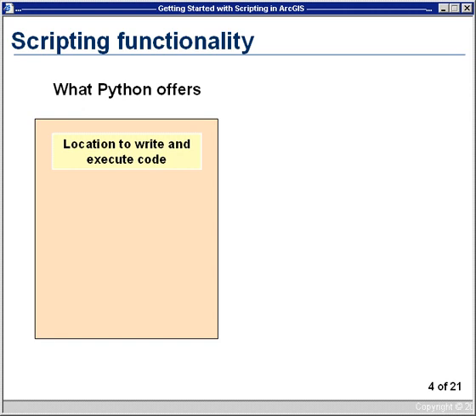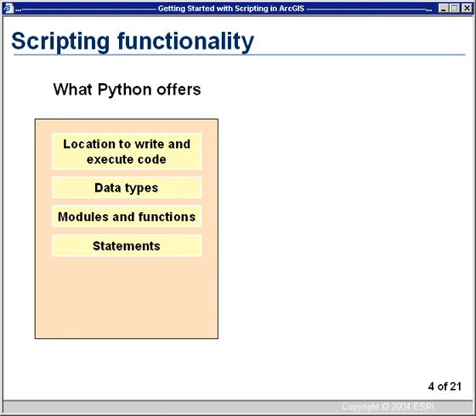So let's go through a quick list of the functionality that we are going to cover. The first thing that Python offers is a location to write and execute code. The second thing that Python offers is a series of data types, including strings, numbers, lists, files, etc. The third thing that Python offers is a wealth of functionality tied up in modules and functions.